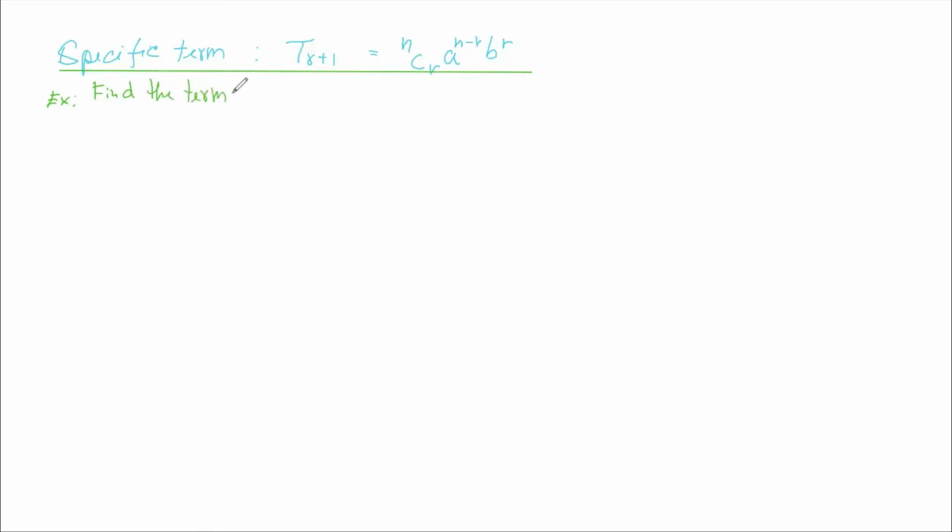This one I will write the question on the board here. Maybe take a little bit of time, okay? Find the term in x squared and x power 5 in the expansion of (1 - x/2)^12.